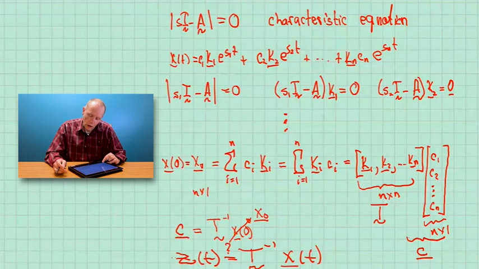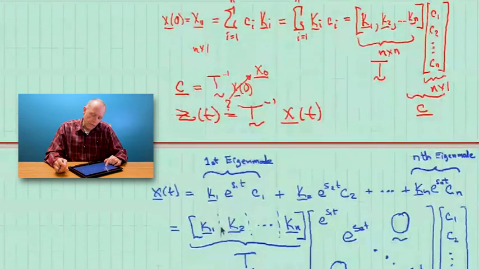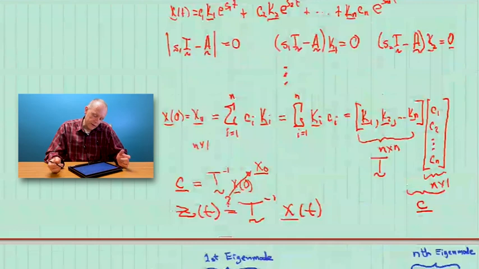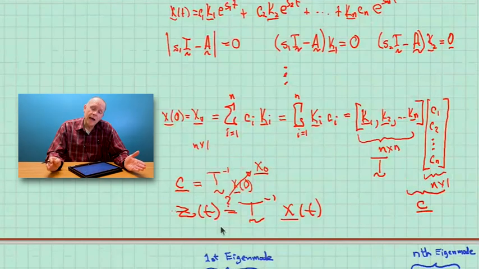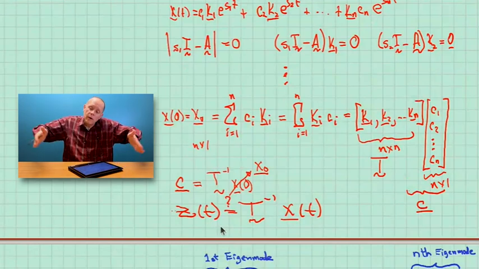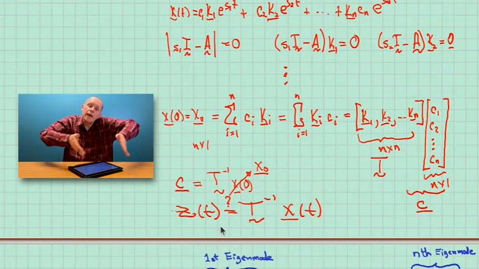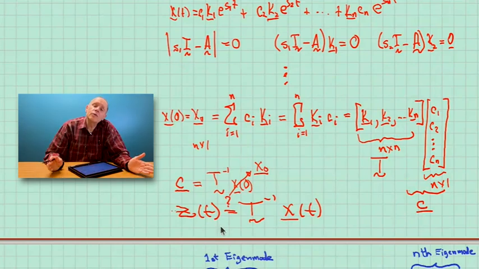So let's look at whether we could do this not just at t equals 0 to find the c's. Could we completely move into that new coordinate system that has these eigenmodes? For example, with the pendulum that you watched in the last video, there was one coordinate that was the difference in the angles and one that was the sum of the angles. Those are the two uncoupled eigencoordinates.